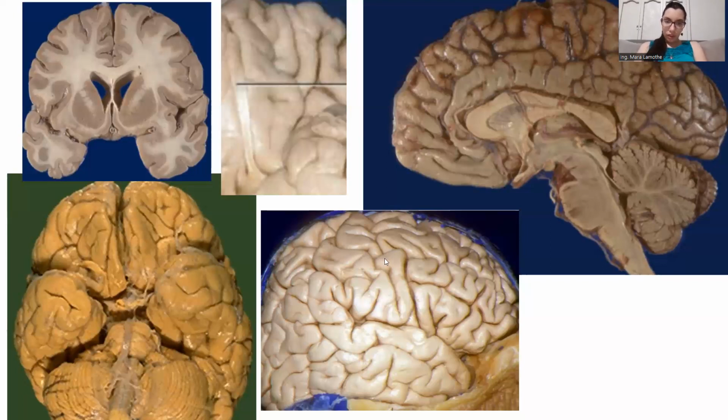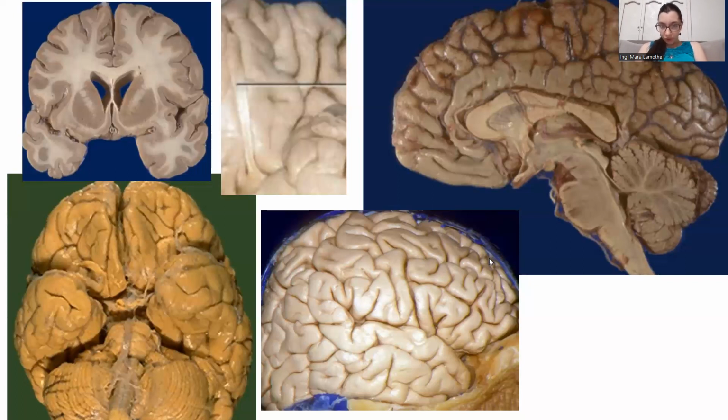So in the lateral surface, we have 3 gyri and 2 sulci longitudinally. So here we have the inferior frontal gyrus. Middle frontal gyrus is this. It has a superior and inferior part, and this is the superior frontal gyrus.